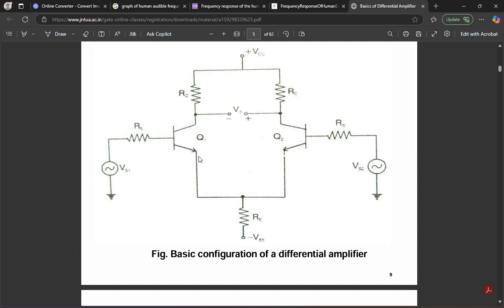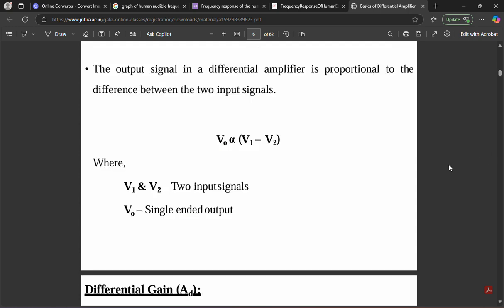This diagram shows a BJT based differential amplifier. Here VS1 and VS2 represent two different signals, and these are an emitter coupled BJT pair, and the output is taken across the collectors of these two BJT amplifiers.